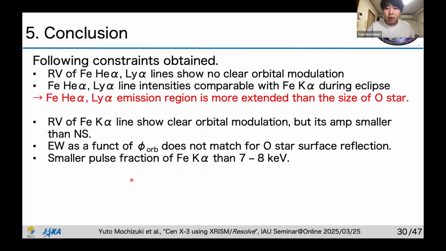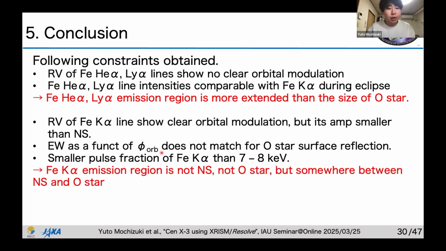Additionally, iron K alpha shows a smaller pulse fraction than the 7 to 8 keV range. So the iron K alpha emission region is not the neutron star and not the O star, but somewhere between the neutron star and the O star.